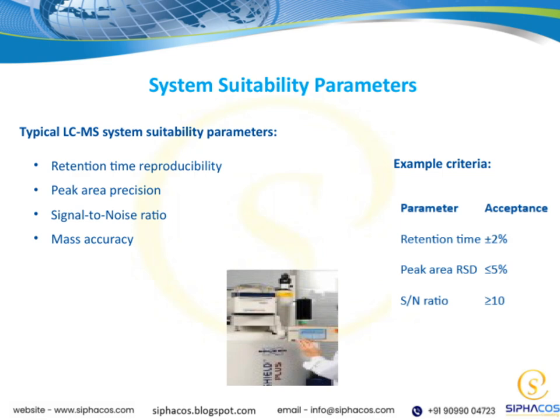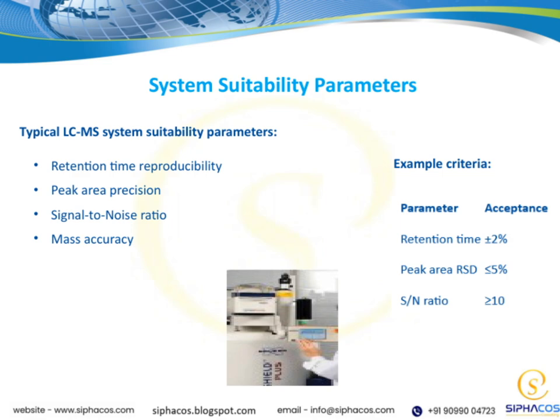Next is peak area precision. This refers to how consistent the measured peak areas are across multiple injections, ensuring our results are precise and reproducible. Then there's the signal-to-noise ratio, a key indicator of sensitivity. A high ratio means our system can detect analytes even at low concentrations without being masked by background noise.